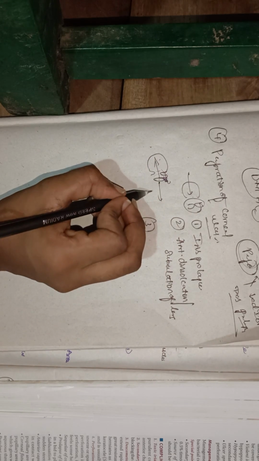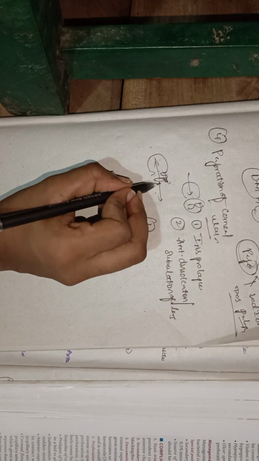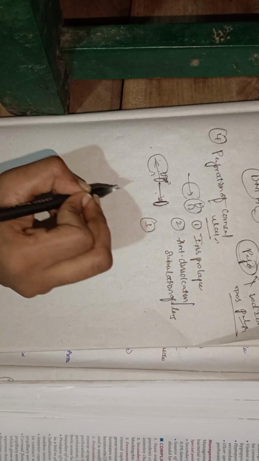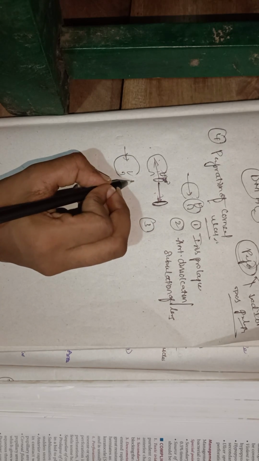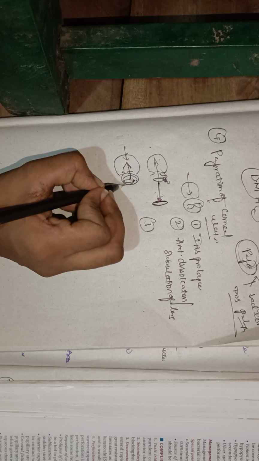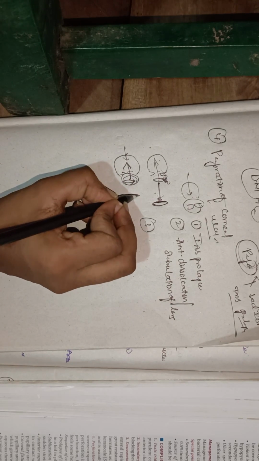Next we should take this lens. Lens will undergo subluxation or anterior displacement. Next to this, anterior capsule undergoes cataract. When the cornea undergoes perforation and the lens comes into anterior dislocation, this lens has structures called capsule.